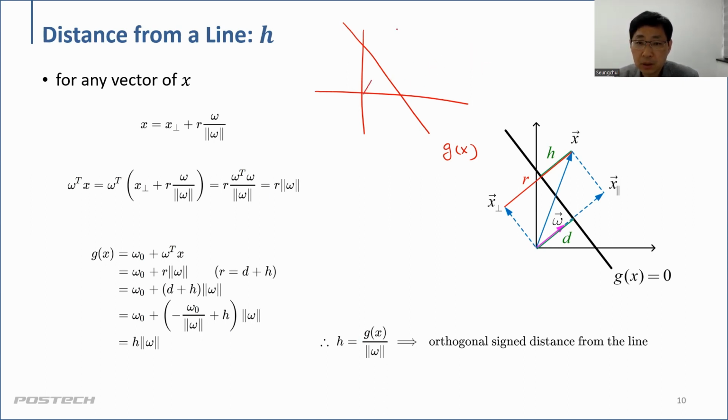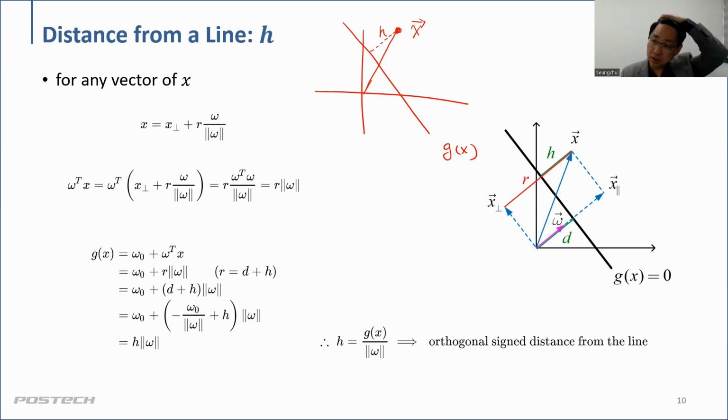Suppose we have any data point. It doesn't have to be on top of the line. Now the distance is h, and I want to know that.